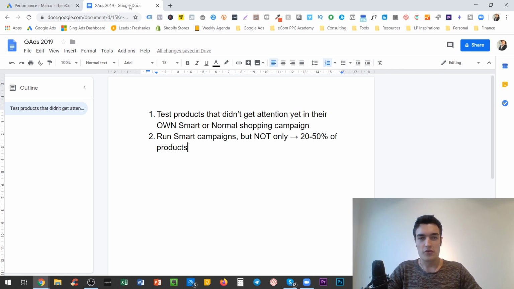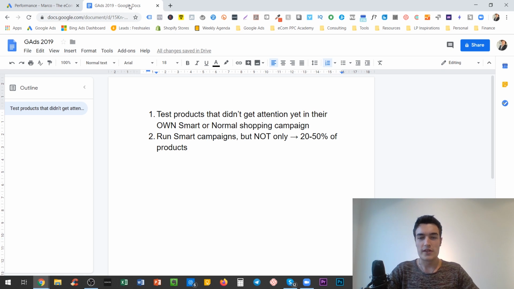I work with accounts where Smart Shopping ads are performing so well that 50% of products running on Smart is actually a very, very useful thing. But on the other hand, there are also accounts where they don't work that well. And also the fact that Smart Shopping overrides all other priorities means that you shouldn't run too many products on Smart. So 20 is a good way to get started.